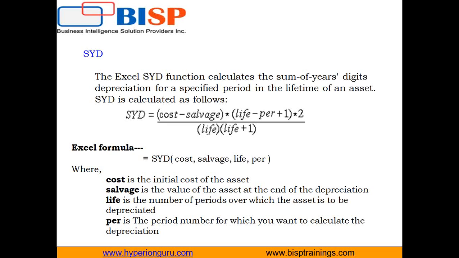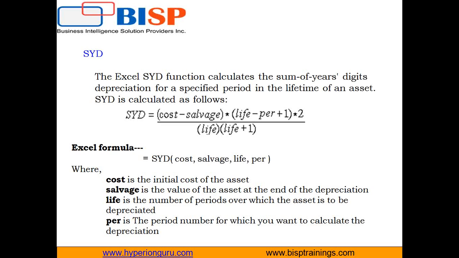The straight line method is very conservative and the declining balance method is more aggressive. The sum of years depreciation method is somewhere between the two, and in this video I will show you how to use the SYD function to calculate the sum of years depreciation value for a given year.